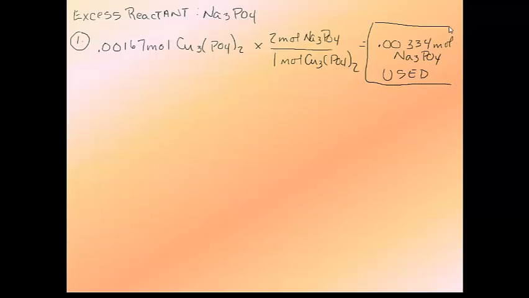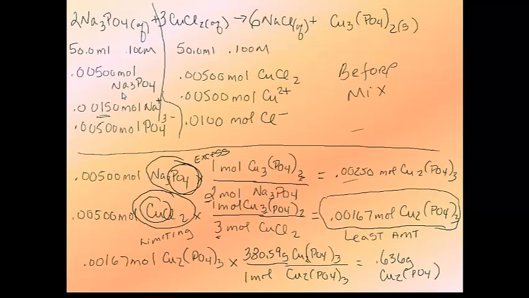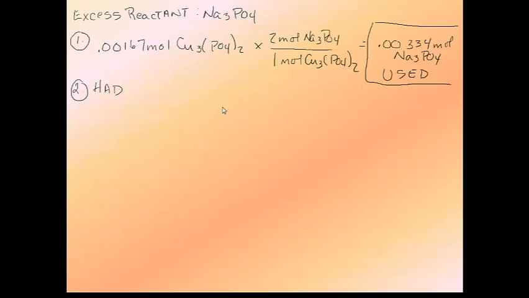And again, look at it intuitively, 0.00334 moles of phosphate ion. Again, the sodium is still just a spectator ion. Step number 2, I have 0.005 moles of sodium phosphate.